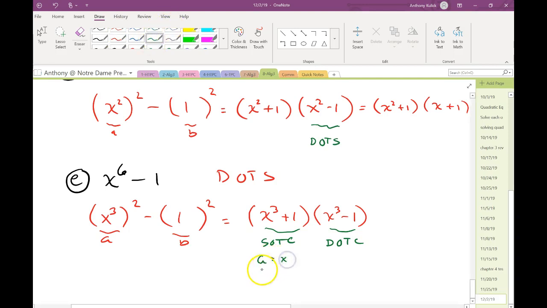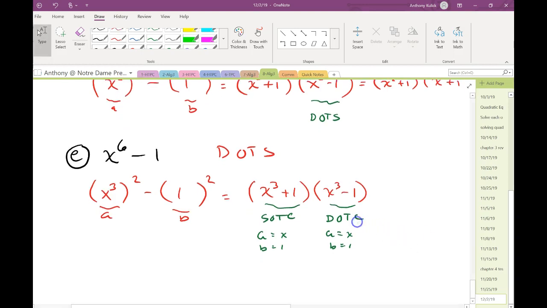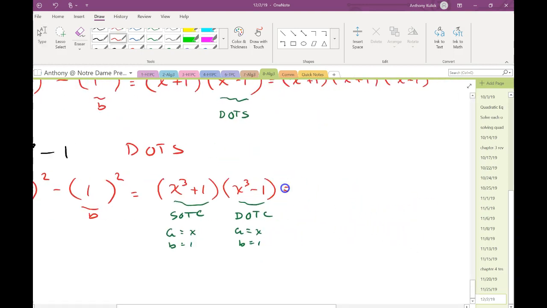So in this one, the a is x and the b is 1. And here, the a is x and the b is 1. Kind of ran out of space, so I just wrote it underneath like that for you guys. Everybody hopefully can see why the a is x and the b is 1 in both of those situations, right? Okay. So for the first one, I have a plus b times a squared minus a times b plus b squared.